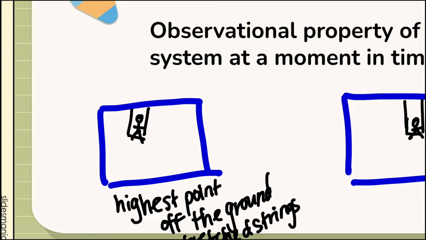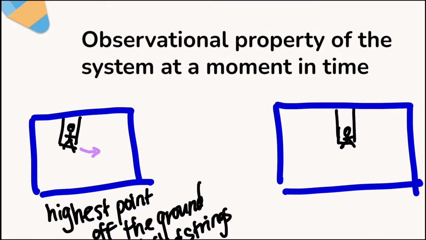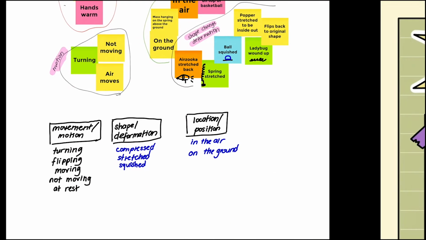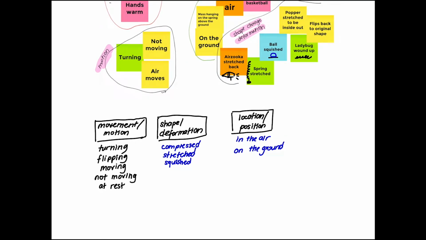We had this person on the swing moving in that direction, and they were still continuing to move in the direction, which is to the right or to the left, depending on where you're facing. But what we're also seeing is that that's a motion, right? So moving across would be the motion, and where the person was located from the ground, that's more the position that we're looking for, okay? So this is in relation to the ground.